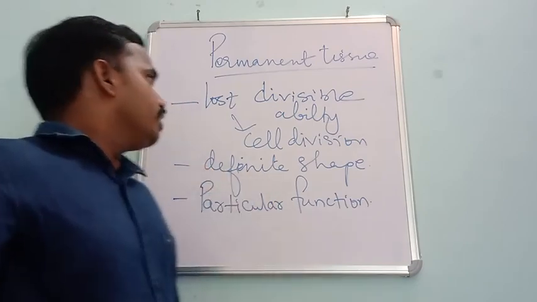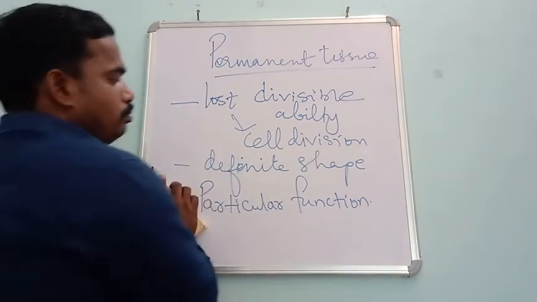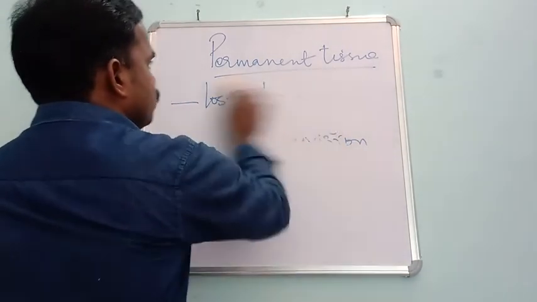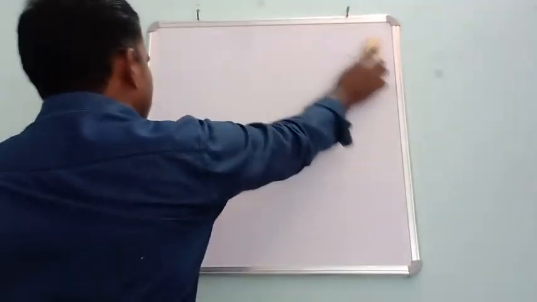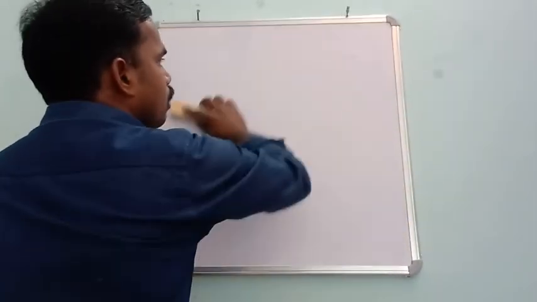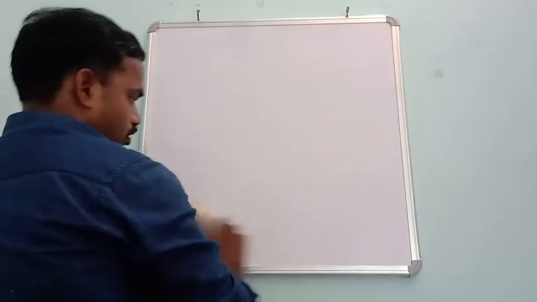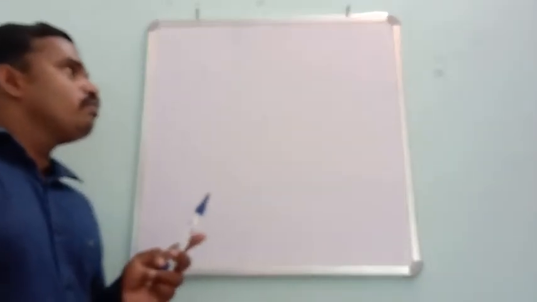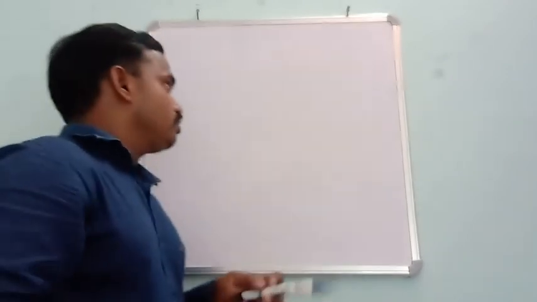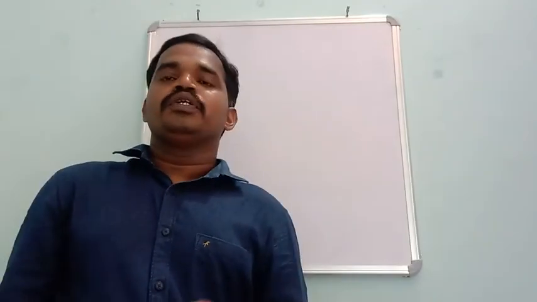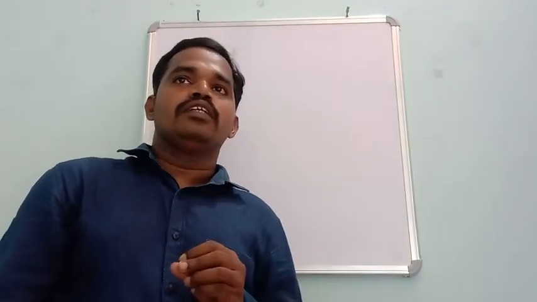Okay, fine. So permanent tissues are of two types based on the composition of the cells. Certain permanent tissues are made up of only one type of cells.